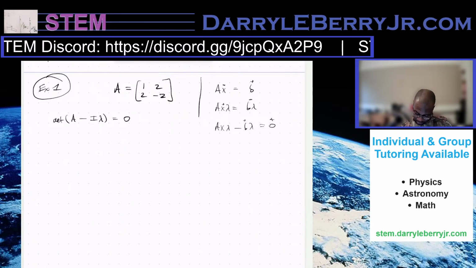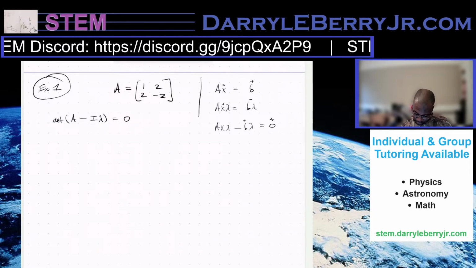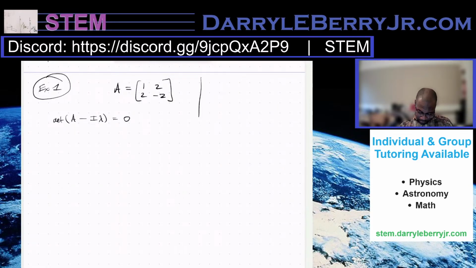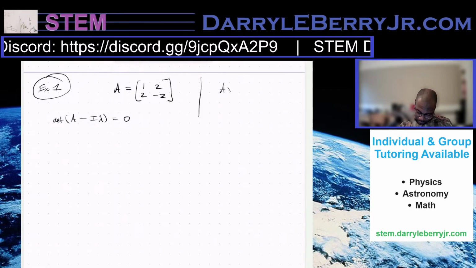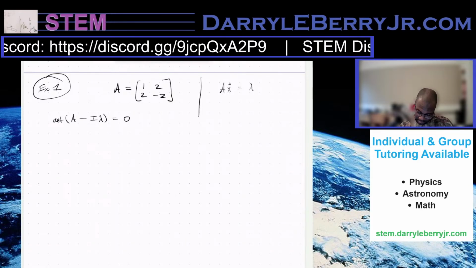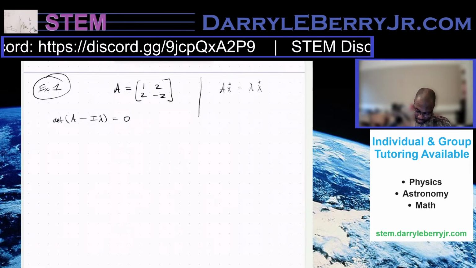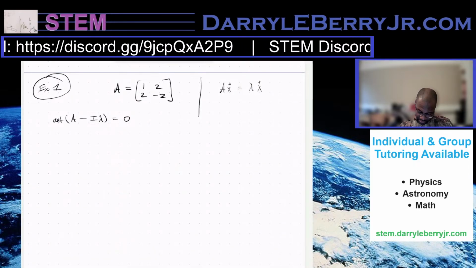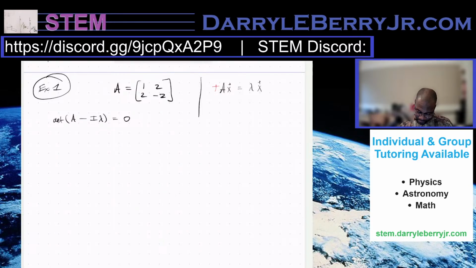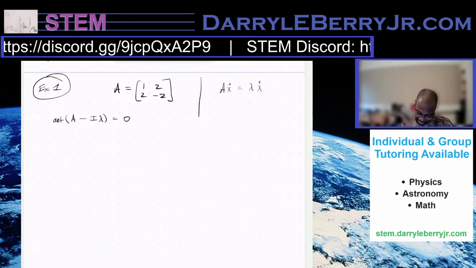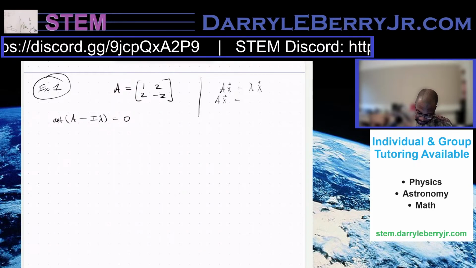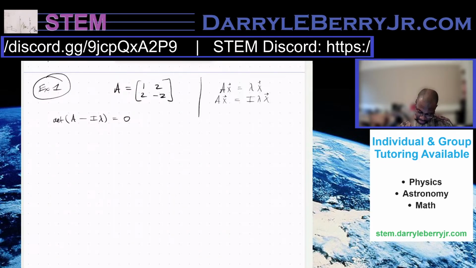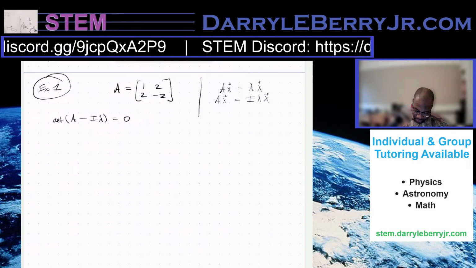And actually, we back up. We have Ax equals lambda x. That's what the proper one is. So identity times this side is the same, but identity times the other side makes this into a matrix.